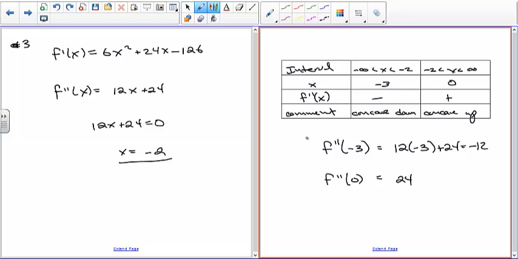Okay, now once we have that, we can look at the concavity, and we see that at x equals negative 2, which is a possible point of inflection, the concavity changes from concave down to concave up.